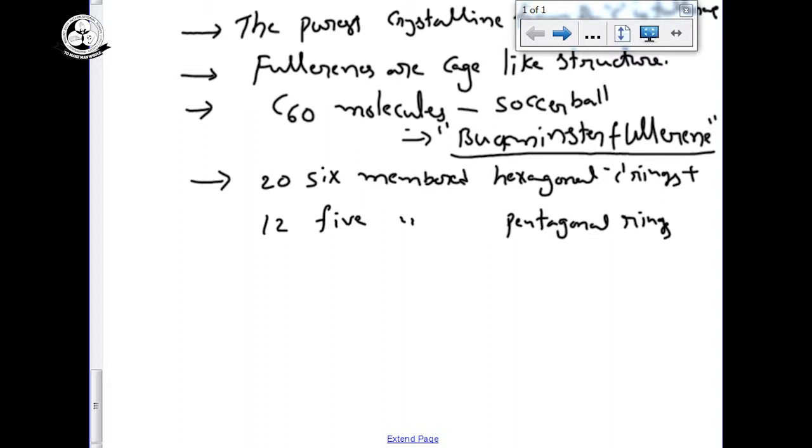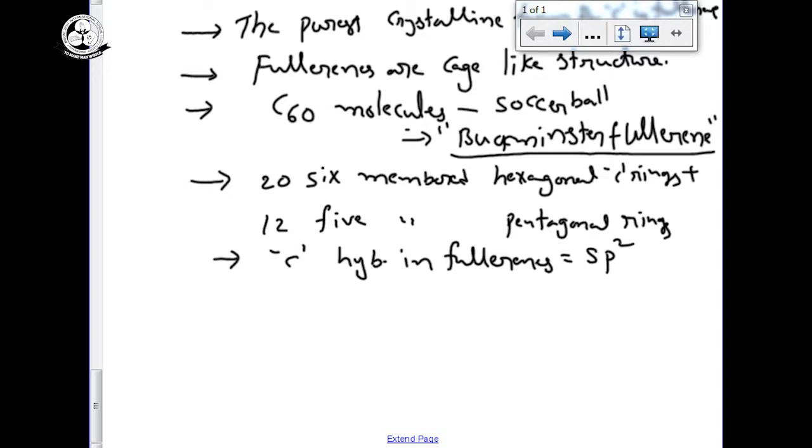The carbon hybridization in fullerene: we are taking it from graphite. In graphite, the carbon hybridization is sp2. From graphite, we do the electric arc and prepare the fullerenes, so the hybridization of fullerenes is also sp2 only.